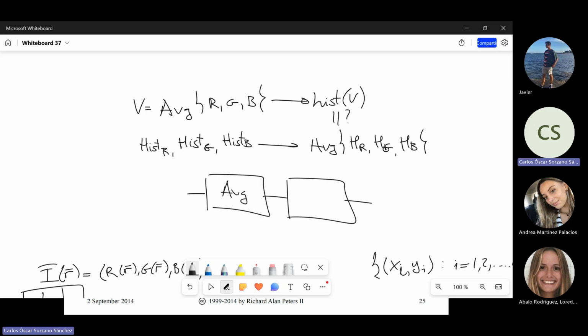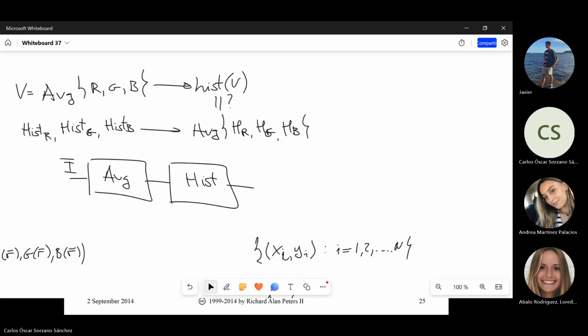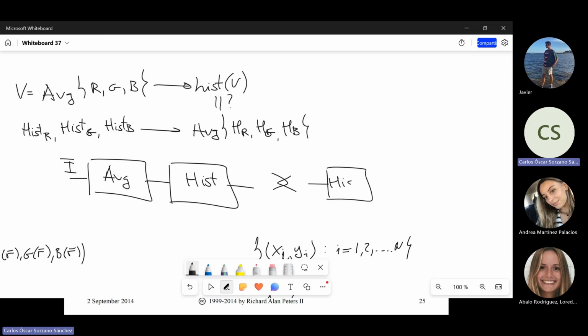An image is a vector-valued sequence, so you can take the average and then compute the histogram. Now what we are wondering is if it is equivalent to first computing the histogram and then computing the average. So what you are wondering is if these two systems commute.